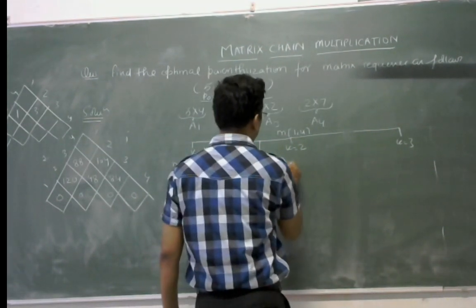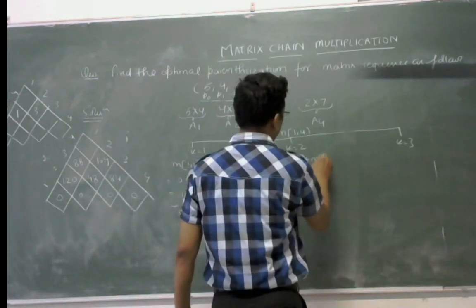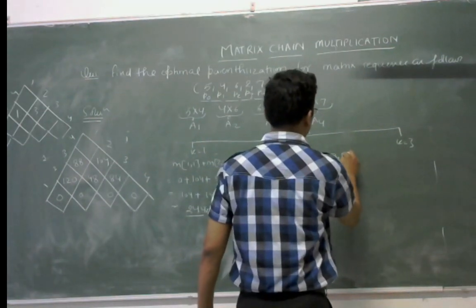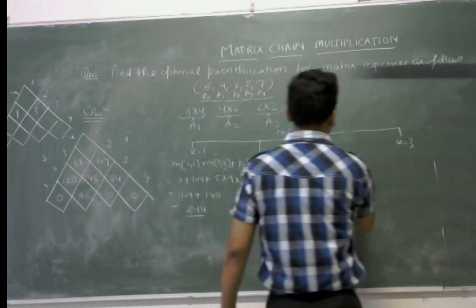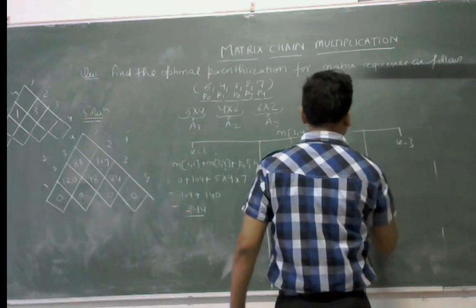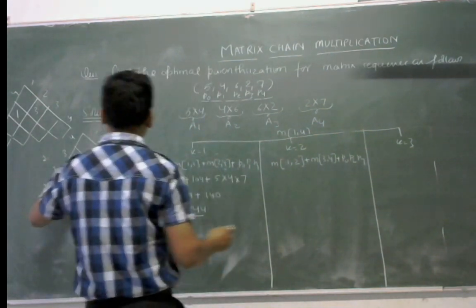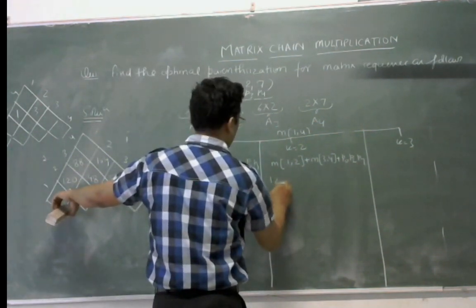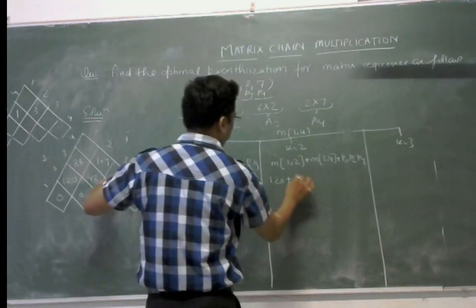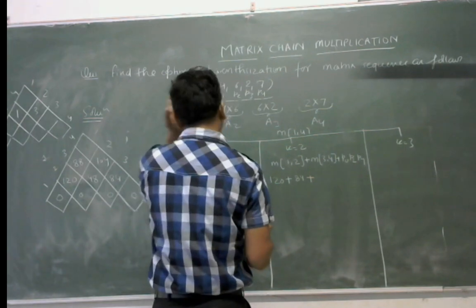this equals M12 plus M34 plus P0, P2, P4, right? M12 is equal to 120 plus M34. M34 is equal to 84 plus P0, P2, P4.